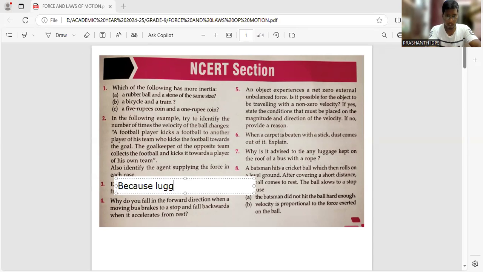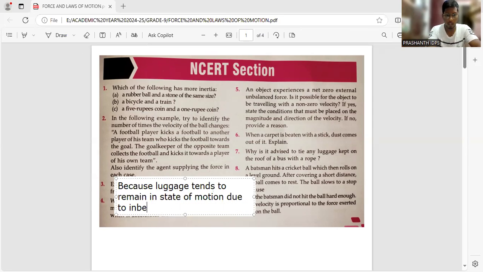It is because luggage, I'll simplify it, luggage tends to remain in a state of motion due to inertia.